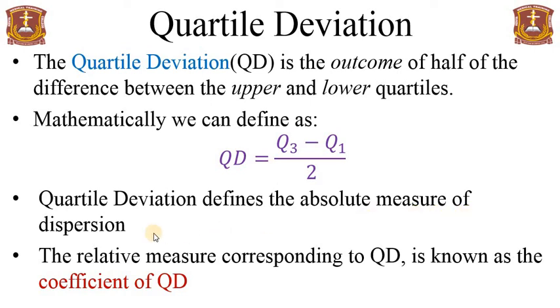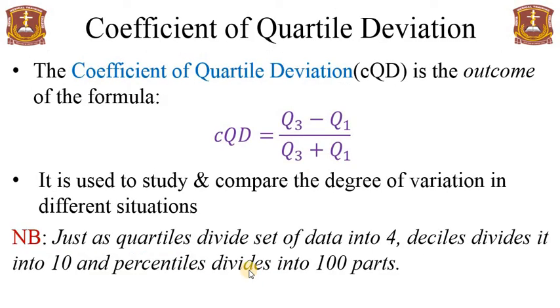But when you talk about the relative measure of dispersion corresponding to QD, we talk about the coefficient of quartile deviation, which is discussed in this slide here. Coefficient of quartile deviation is the outcome of the formula Q3 minus Q1 over Q3 plus Q1.